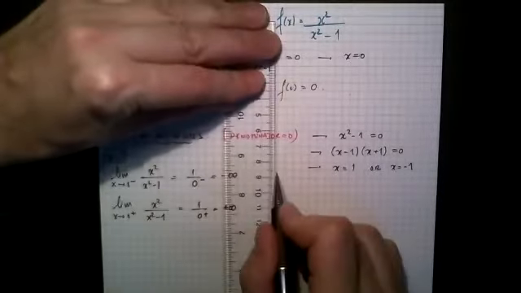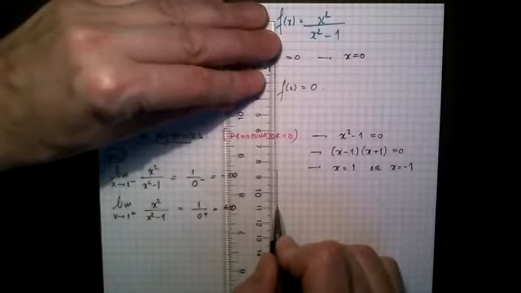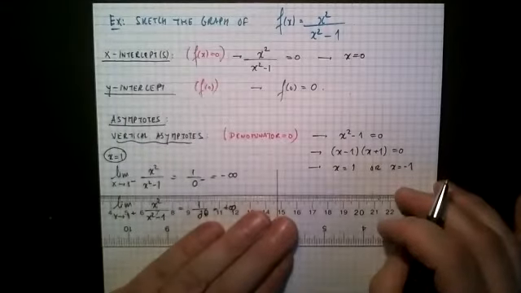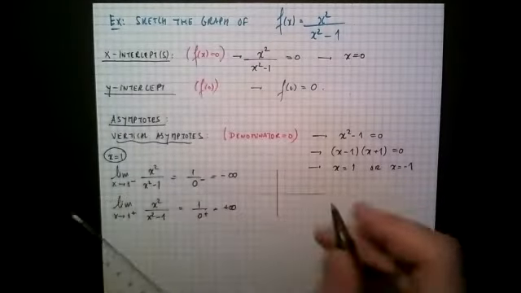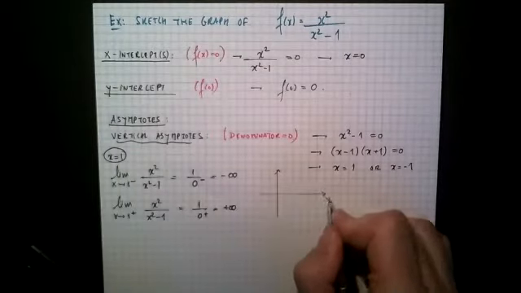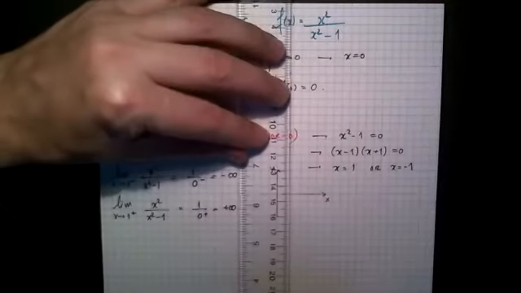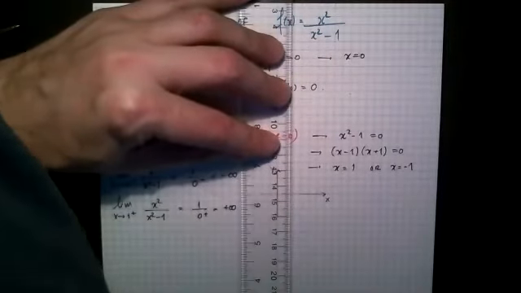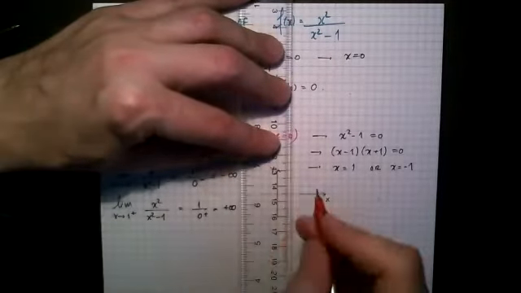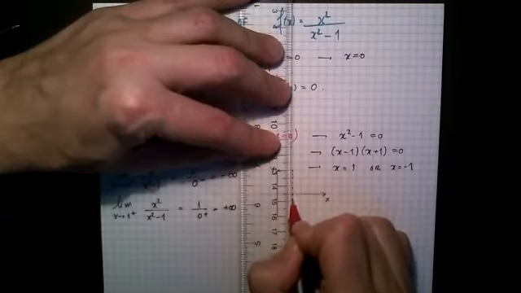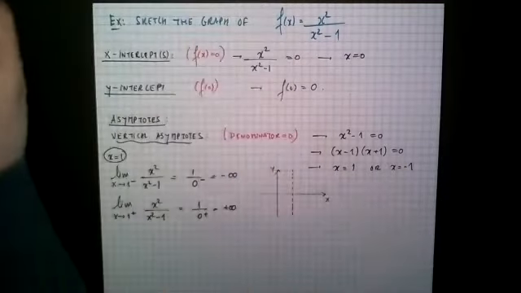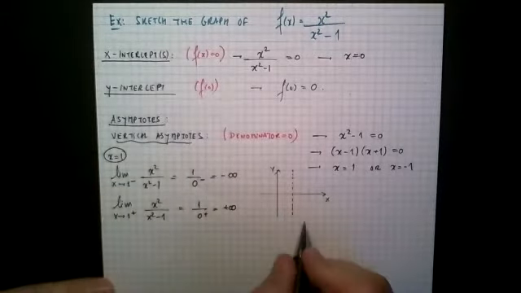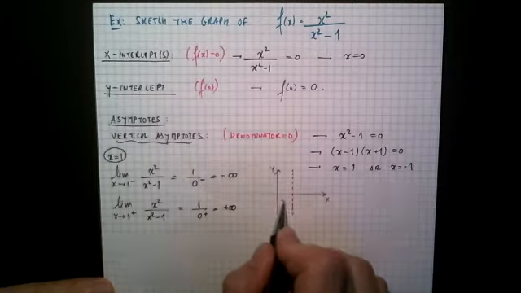Let me just do a little representation of what we have here. X, Y, and this is my vertical asymptote. So if I approach 1 from the left, I'm getting close to negative infinity.